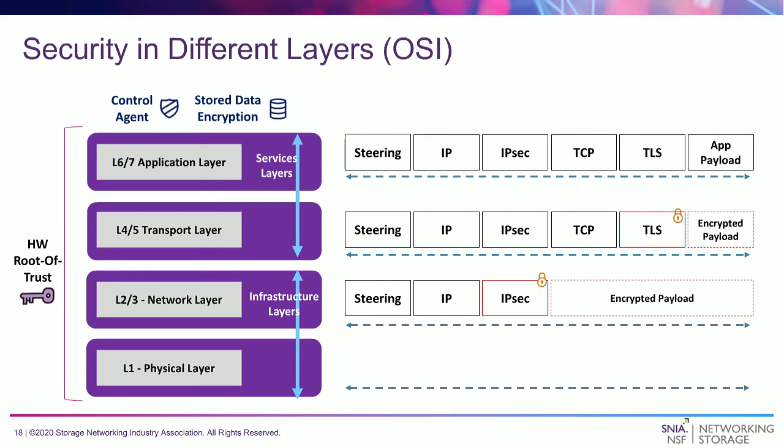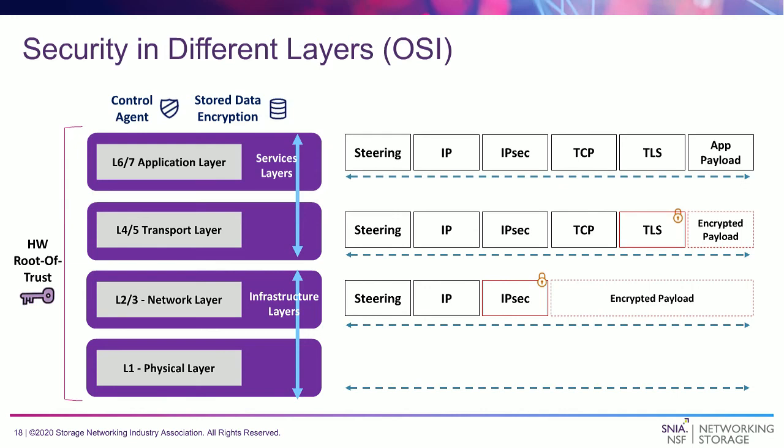As we need to protect the data in motion between different systems, you can see here that the security protocols are applied at different layers. When looking at the network at layer 3 with IP communication, IP security can be applied such that all the payload of the packet coming after the IP header is encrypted and verified.